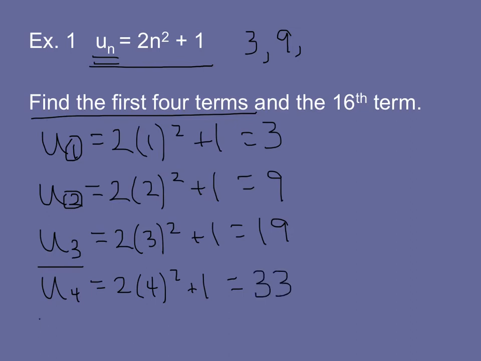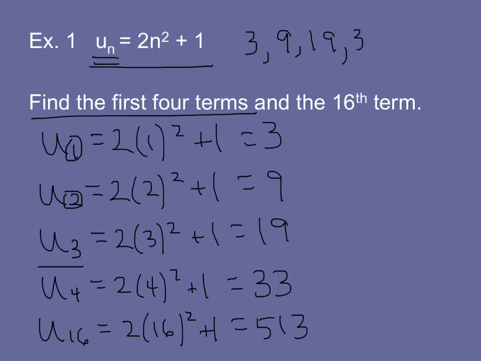And finally, I asked for the 16th term, just to show you you don't have to go in order, which would mean I'm supposed to put in 16 and square it and add 1. And 16 squared is 256, times 2 is 512, plus 1 is 513. So I forgot to add in my third term was 19, my fourth term was 33.